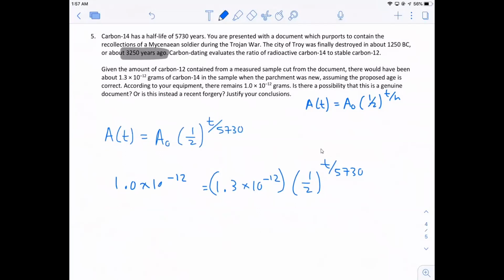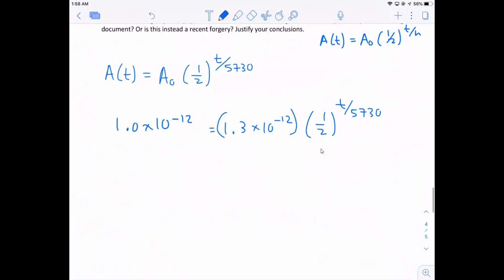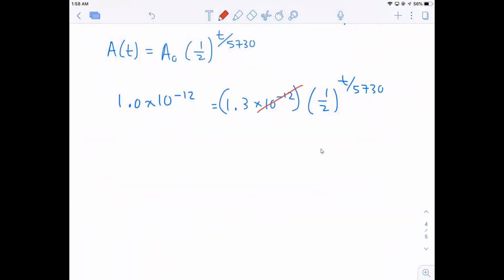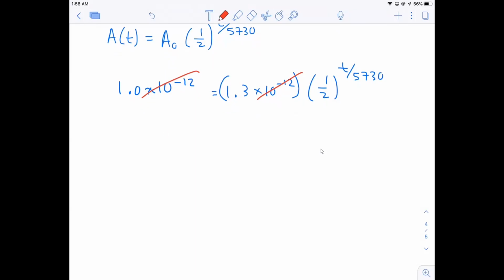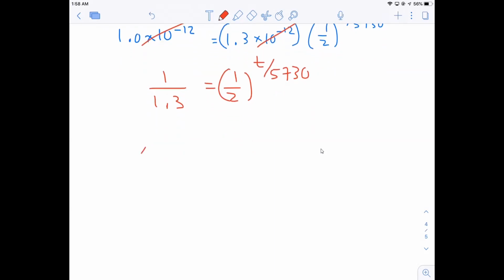And really now it's just like all the other problems we've done, except the numbers are kind of weird and messy. But I would divide both sides by that quantity. And in fact, I can cancel out the times 10 to the negative 12 on both sides. So we get 1.0 over 1.3 equals 1/2 to the t/5730. I'm going to take the log of both sides.